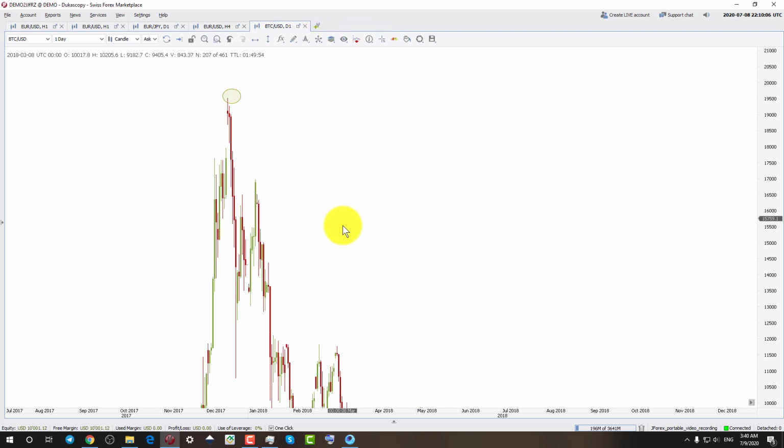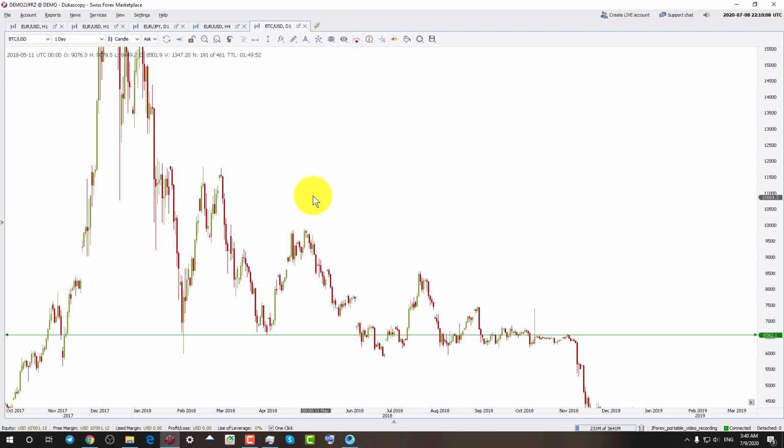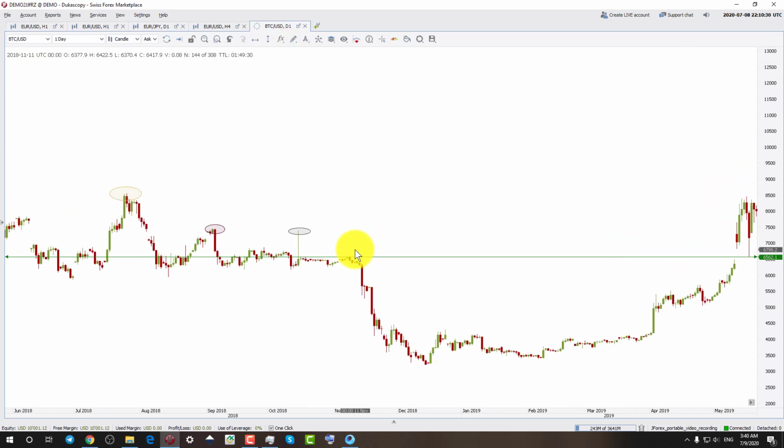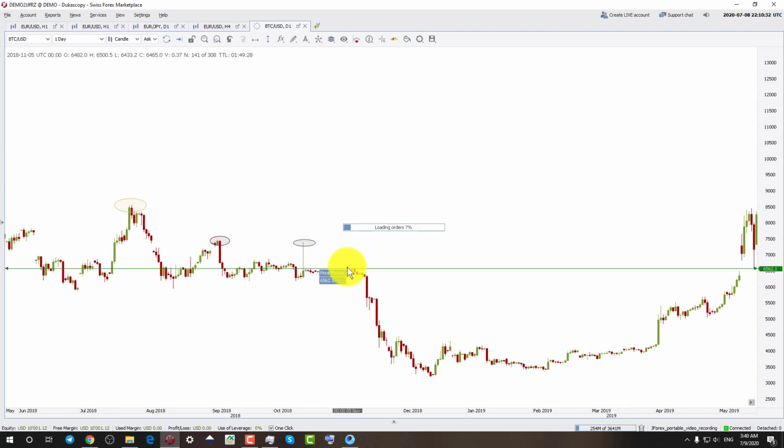From there it started its decline, and in the decline it made several reaction highs. This was a high, this was again a high. These are the lower highs in the downtrend, the reaction highs. But the latest reaction high that it made was this.